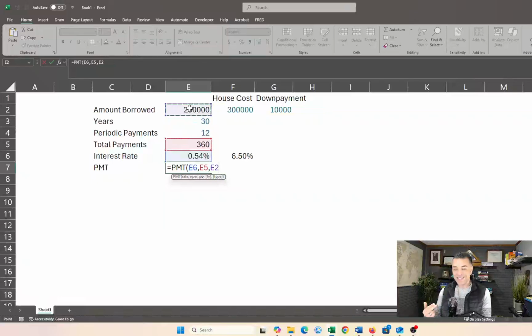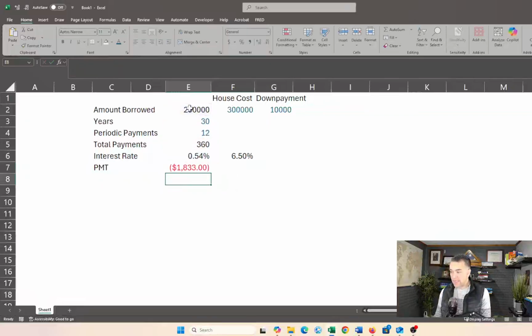That's going to be positive because it's an inflow to us. Future value. There is no future value. I'm going to say 0, and then I'm going to close that up. And that's going to be a negative because that's an outflow of payments. That's going to be $1,833 per month it will cost us to have this house.